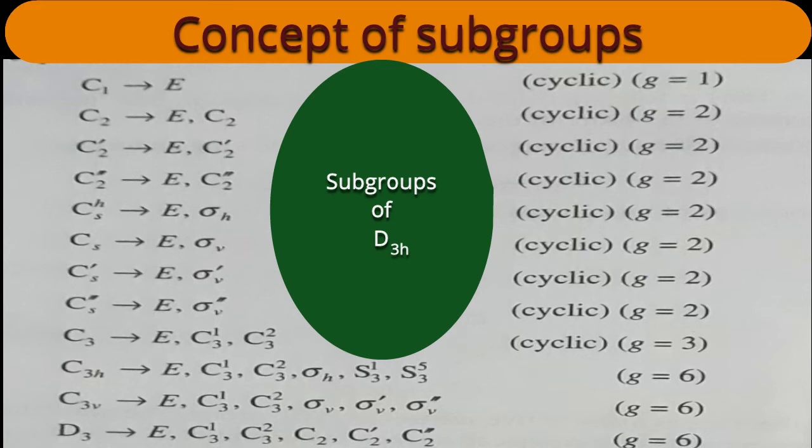Then subgroups of order 2. In total we are finding 7 subgroups of order 2: 3 of the Cn category where C2 axes are playing a role, and 4 of the CS category where vertical and horizontal planes are playing the role. There is one subgroup of order 3 labeled C3. 3 subgroups are there of order 6. One is C3h, other is C3v, and the last one is D3.